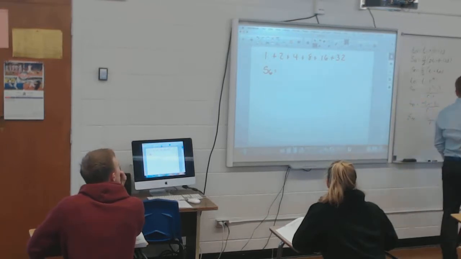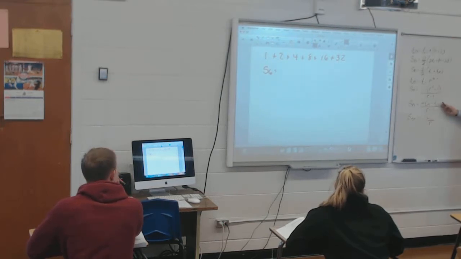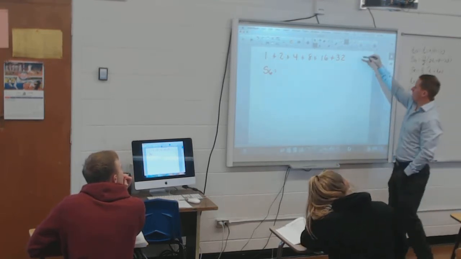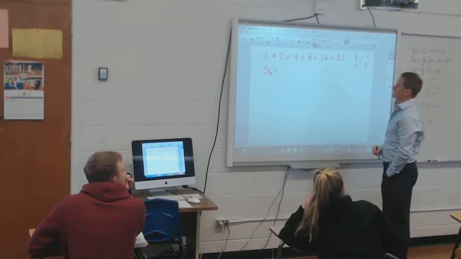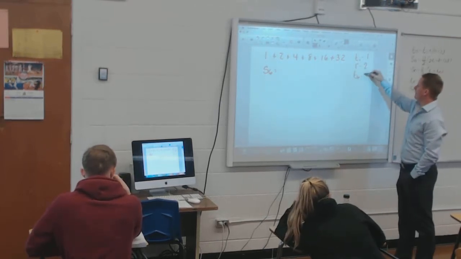Okay? So, looking up here, these are my geometric ones right here, this guy and this guy. I can use this one because I do know what the 6th term is. I can use this one because I know what T1 is and I can figure out what R is. So I start by going T1 is 1, R is 2. T6, which is the term I want, is 32.